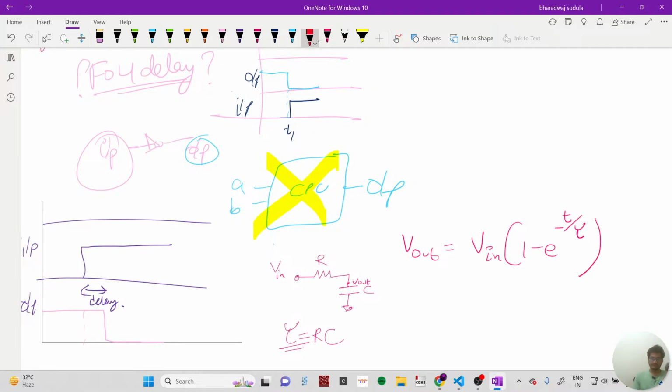In logic gates, we consider VDD by 2 as the switching threshold voltage. So what is this switching threshold voltage?